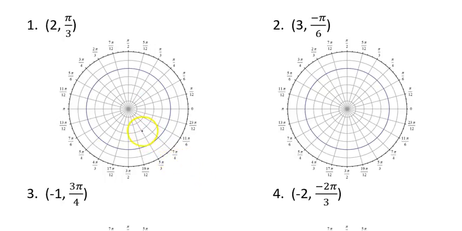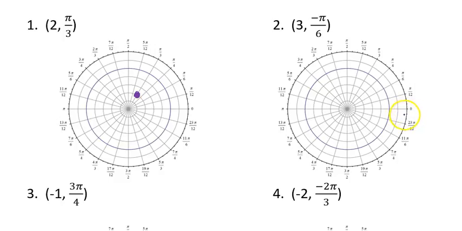Mine tend to disappear on here, so I'll try to draw it again. Hopefully it'll stay. Okay, example 2 would mean the 3 would mean we're on the third circle out, and the angle would be negative pi over 6. So these are labeled all going in the positive direction, so you're going to have to think about where negative pi over 6 would be.